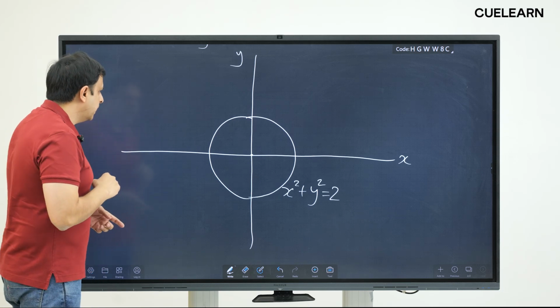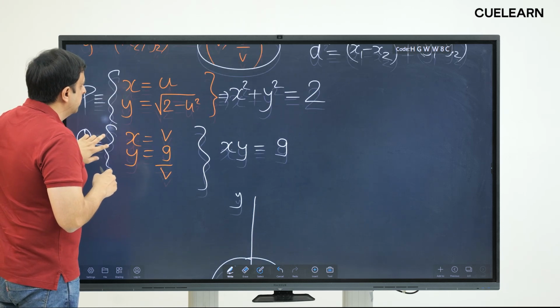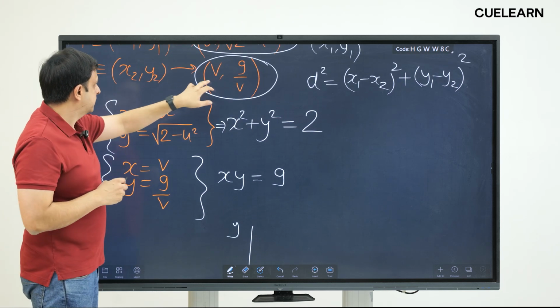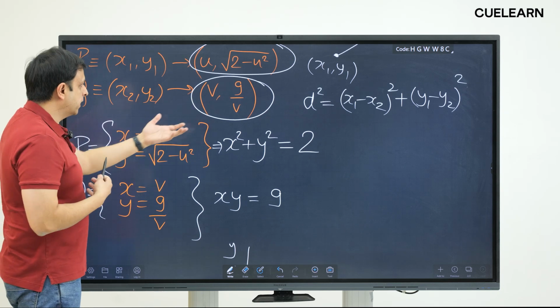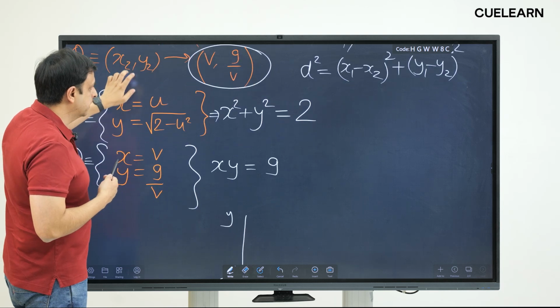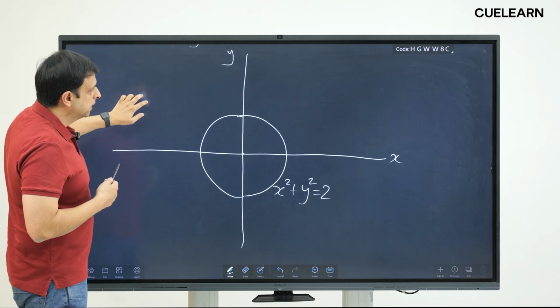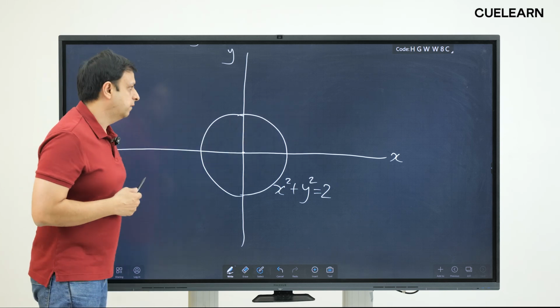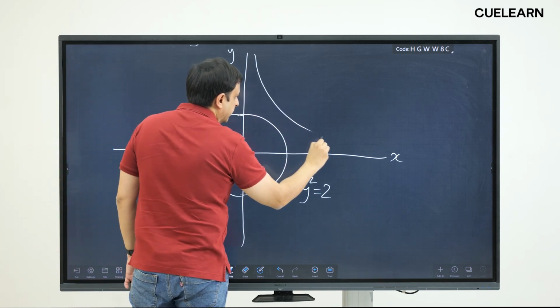And we were also told that, if you remember the original constraint, v is greater than 0. So, which means that the x coordinate of the point on the hyperbola is greater than 0. So, I just need to take the right side of the hyperbola, the segment of the hyperbola that exists for the positive values of x, and that would be something like this.